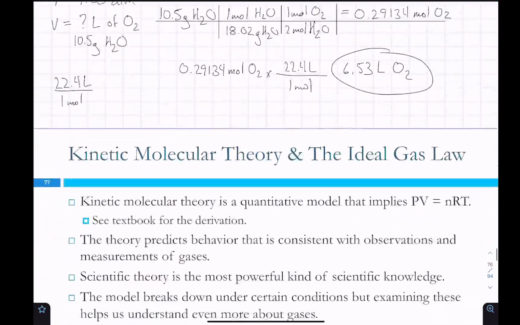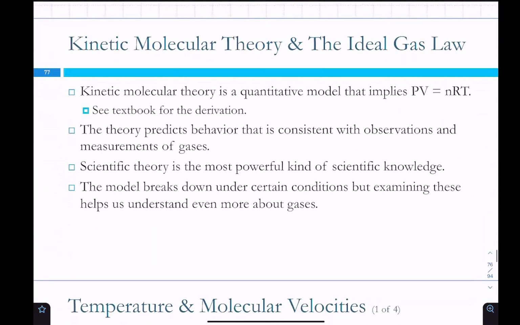All right. So we've talked about kinetic molecular theory. It's a quantitative model that implies PV = nRT. You can see the textbook for that.